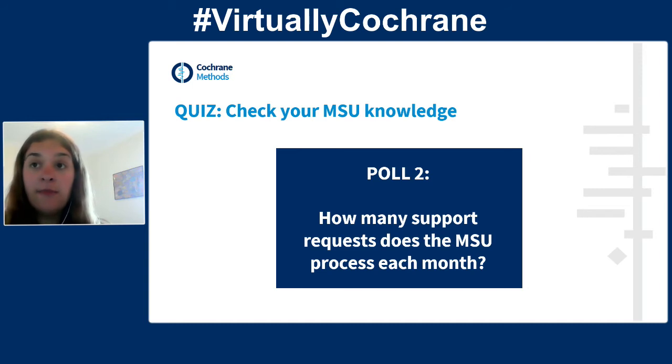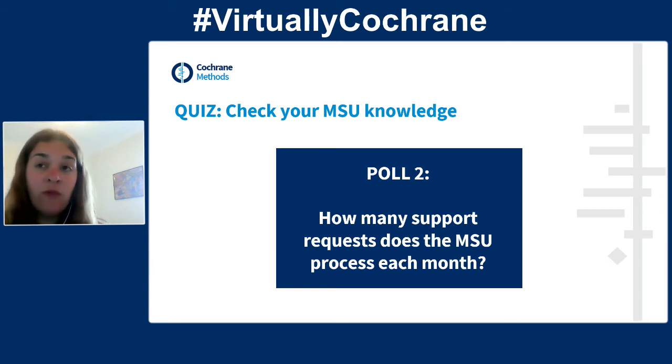So far we've received about 650 requests in total. And these requests have been steadily increasing from about 20 per month from when we first started to over 50 in February this year. So I think as people are becoming more aware of us, we are hearing from people more often.